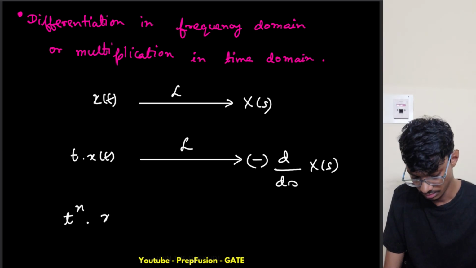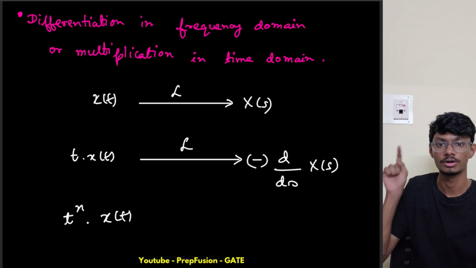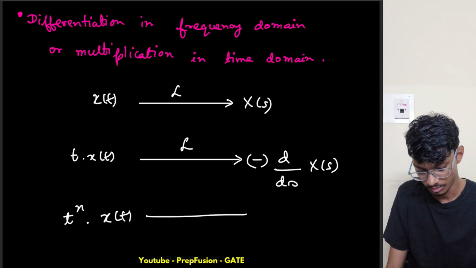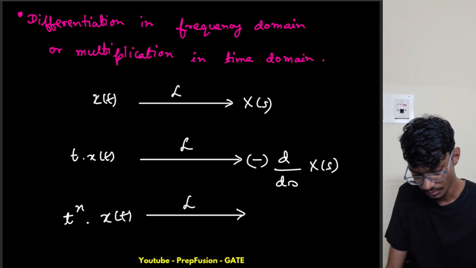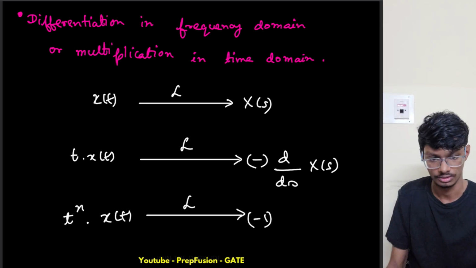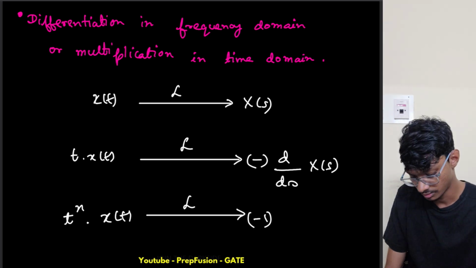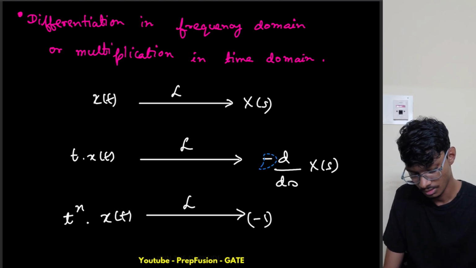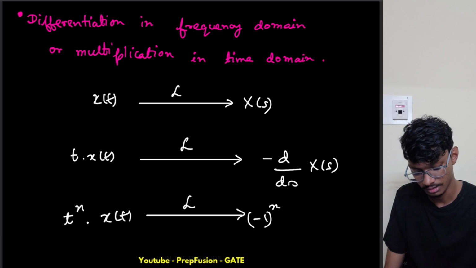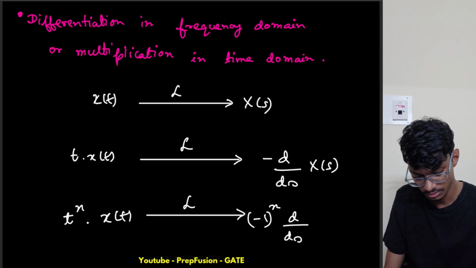If I multiply t to the power of n, then what will be the Laplace transform of that? It will be simply minus 1 to the power n, d^n/ds^n of X of s.